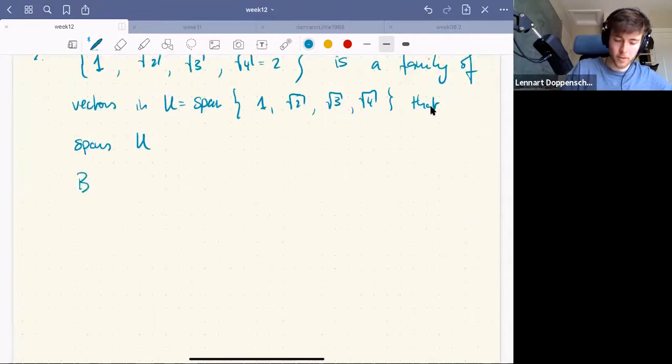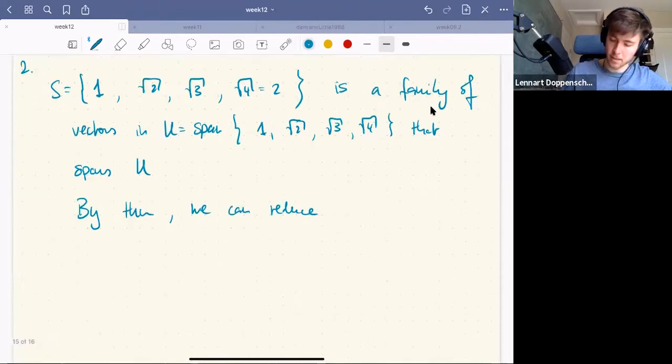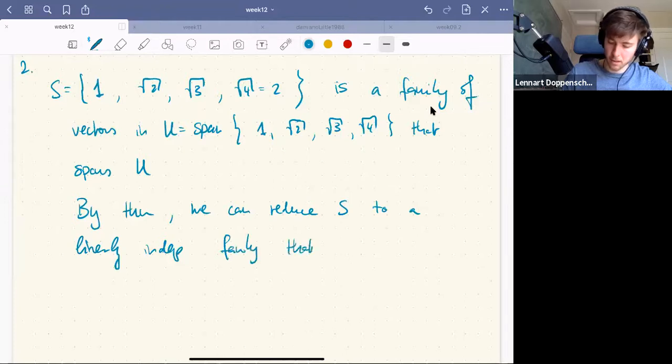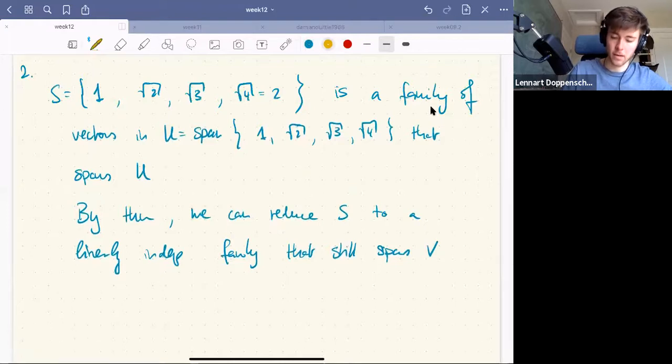And then we had this reduction theorem. We can reduce, what should I call this, maybe S, we can reduce S to a linearly independent family that still spans V. And the obvious candidate here is to kick out the 2.